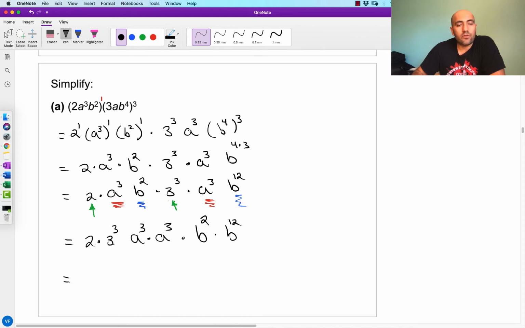That'll be equal to 3 to the third power. That's equal to 27. Times 2 is going to give me 54. Times a to the 3 plus 3 times b to the 2 plus 12. So my final answer is going to be 54 times a to the 6th power times b to the 14th power.